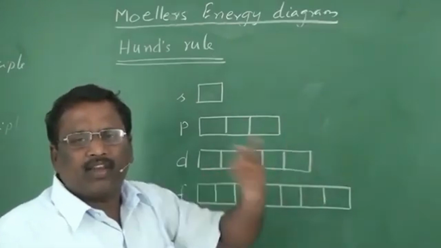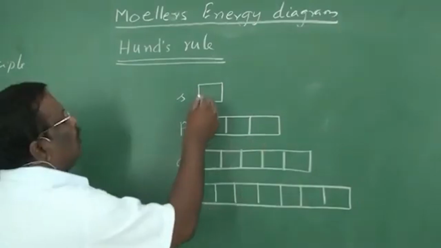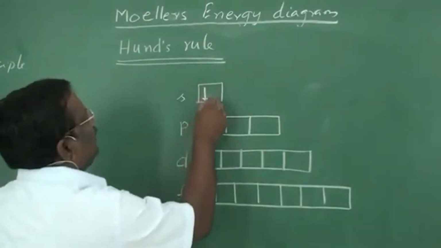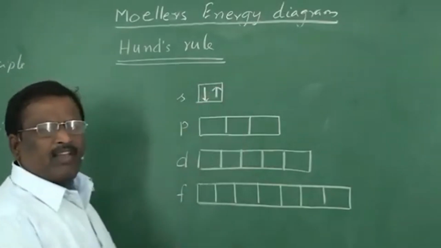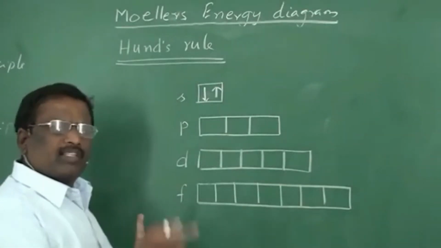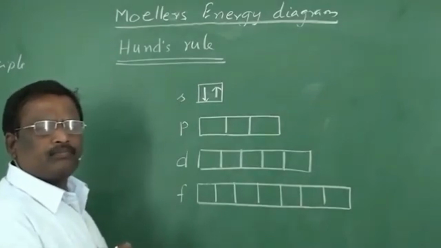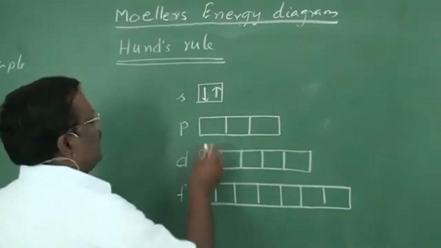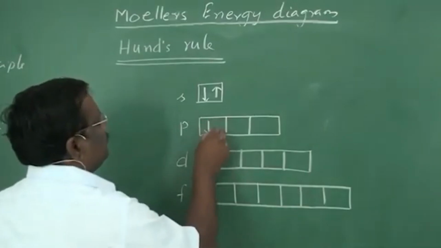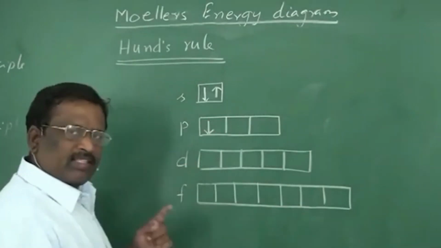For example, in the s sub-energy level you have only 1 orbital, so the first electron will enter here and the second electron will enter like this. That means pairing occurs with the second electron itself. But in the case of the p sub-energy level, the first electron will enter here, then the second electron.